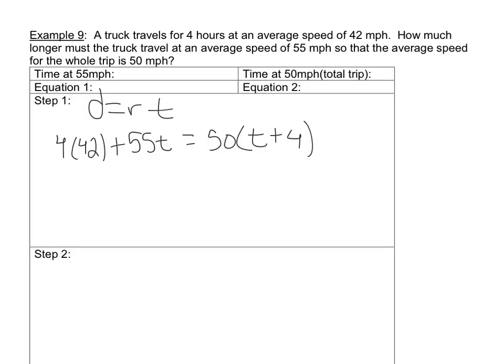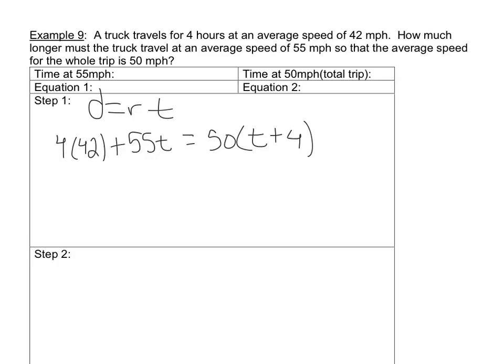Okay, so we'll set that up and solve now. The reason this works is they're both going the same distance. It's just he started with 42 miles per hour for 4 hours, and then he's going 55 miles per hour for T hours. But the whole trip he wanted to average the 50, so it's the T plus the 4.